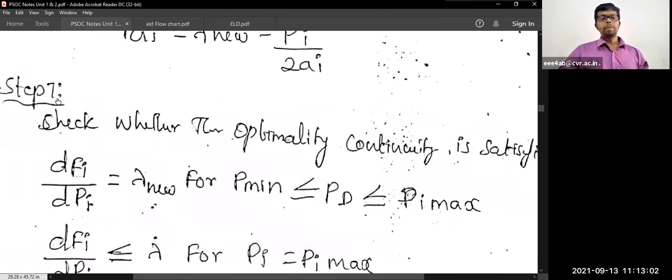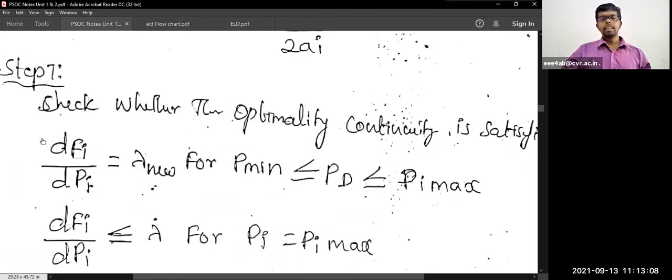Next, step number 7 is to check whether the optimality condition is satisfied or not. That is, say for example, dFi divided by dPi is equal to lambda new for PGi minimum less than or equal to PGi less than or equal to PGi maximum.